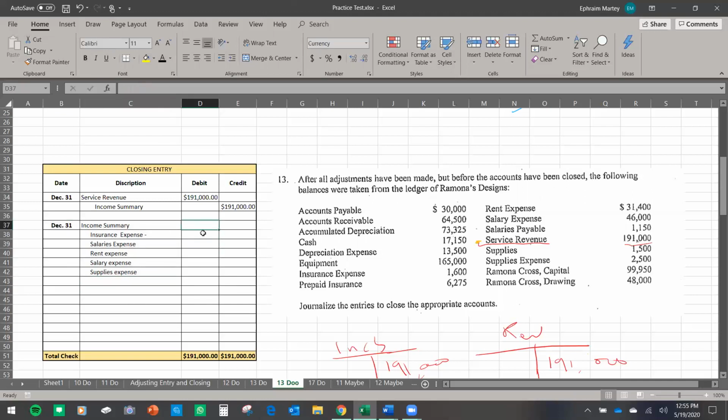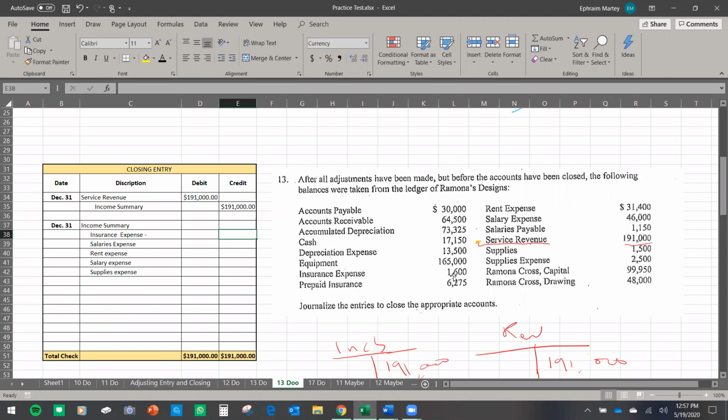Okay, so we have our income summary, but let's look for all the expenses first. Okay, what is our insurance expense? Look for insurance expense. Okay, insurance expense was 1,600. So we're going to put in the insurance expense of that 1,600.